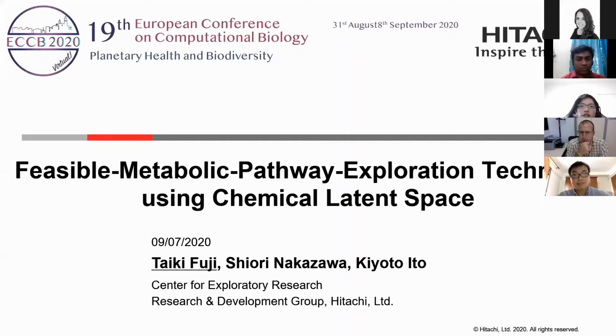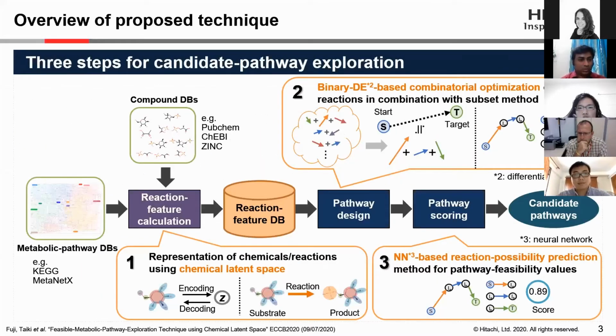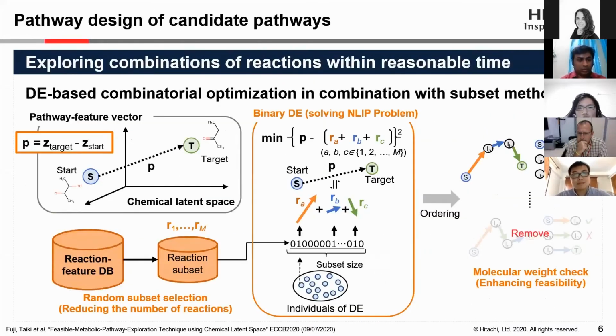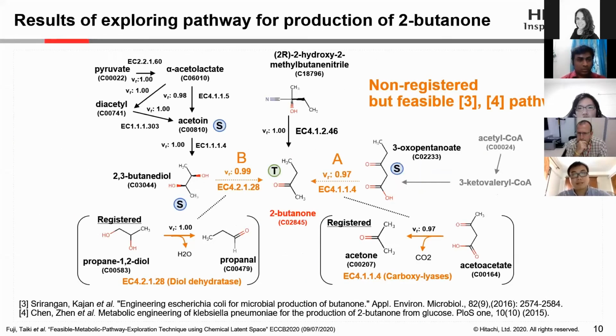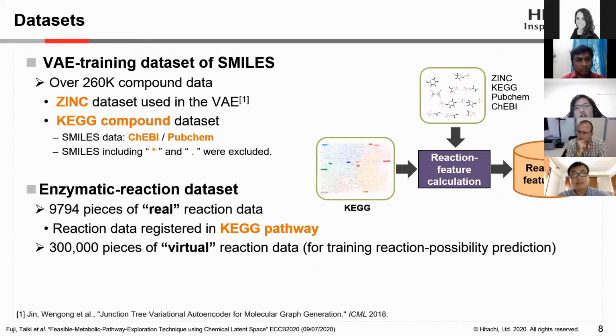The main reaction, main product and substrate are displayed in the KEGG pathway.